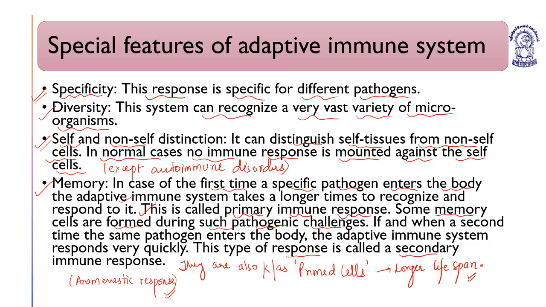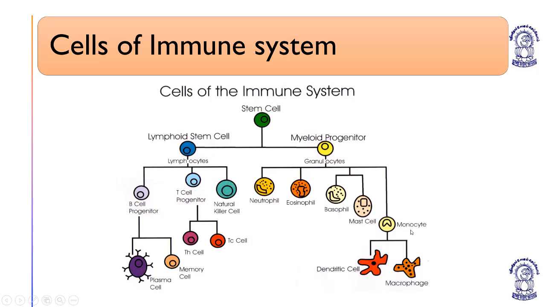Understood? Now, these are the cells of immune system. Already I have explained it to you. Stem cell further differentiates to form myeloid progenitor and lymphoid stem cells. Myeloid progenitor simply means what? That these cells are precursors of myeloid cells. Okay, so myeloid stem cells and lymphoid stem cells.